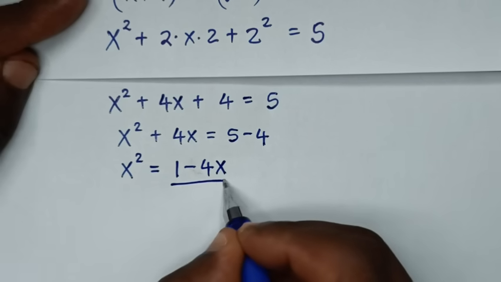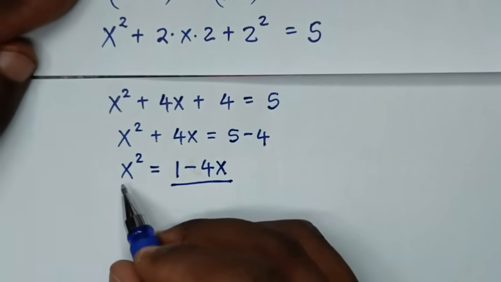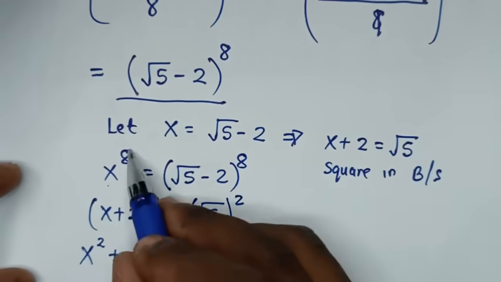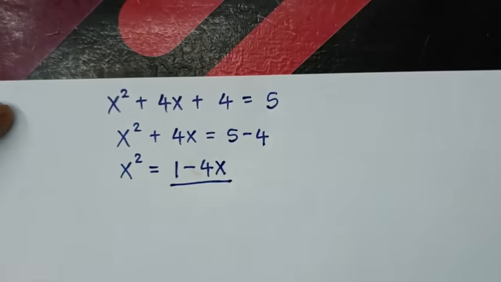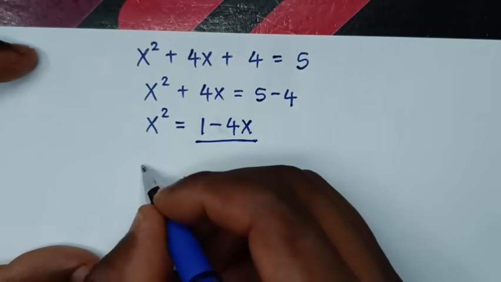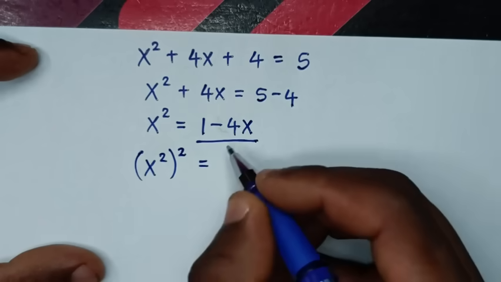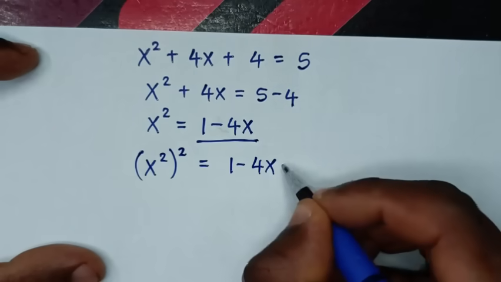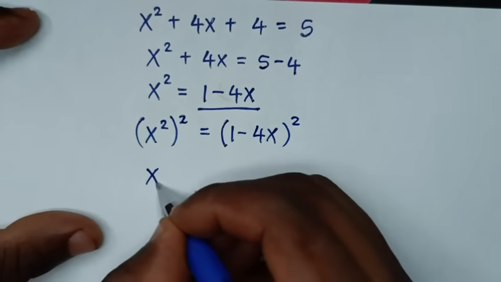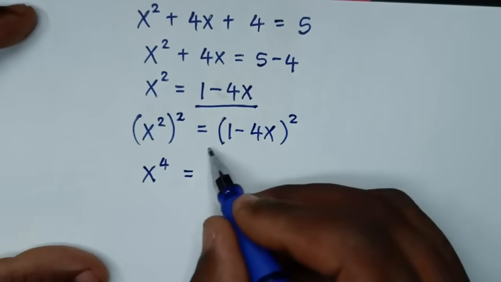Then note this step in terms of x squared. Then from here, x squared, we want to make this to be like this, x to the power of 8. So from x squared to x to the power of 8 we will square on both sides. So it will be x squared, then bracket squared, is equal to this 1 minus 4x, also into this side we square it. So it will be x squared times squared is power of 4 is equal to, we'll expand this here.